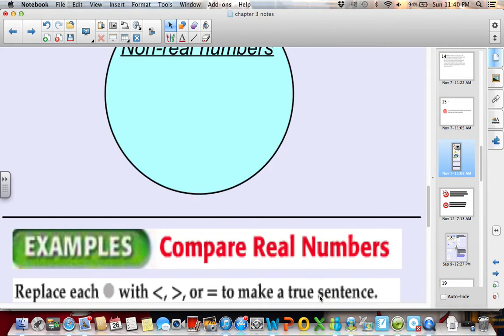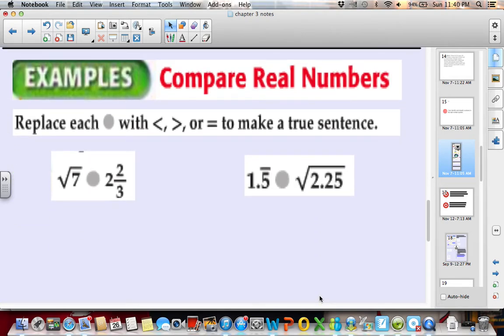Okay, so if we want to compare numbers, or compare real numbers, we need to look at both of the numbers given to us. Well, square root of 7. So if I put that into my calculator, square root of 7 is an irrational number that goes on and on and on forever.